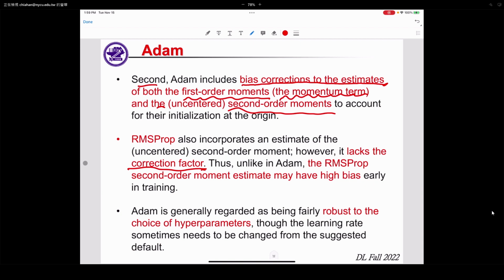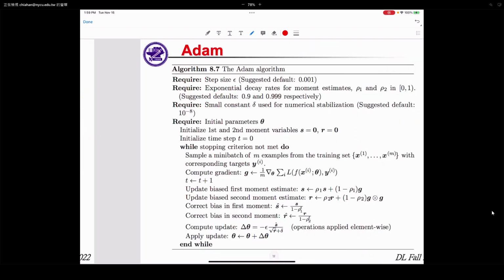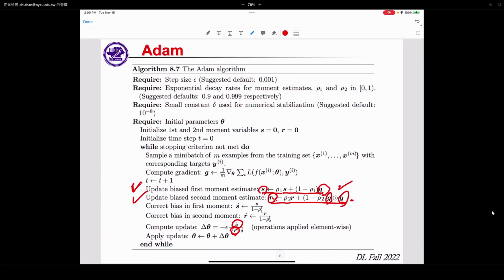But in RMSProp we didn't have the correction factor. So here we introduce the correction to both. So here we have a bias correction in the first moment, a correction term: S is divided by 1 minus rho 1 to the power t, where t is time, right? t is the step.